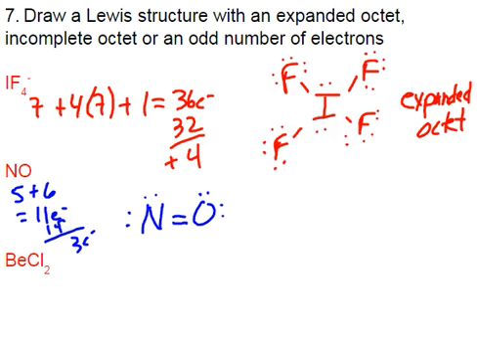Okay, so now 2, 4, 6, 8. So now what do I do about the fact that I still am using 2, 4, 6, 8, 10, 12 electrons, and I only have 11? It means I just have to take one off and leave either nitrogen or oxygen short an electron. It would actually be nitrogen. Anyone know why?